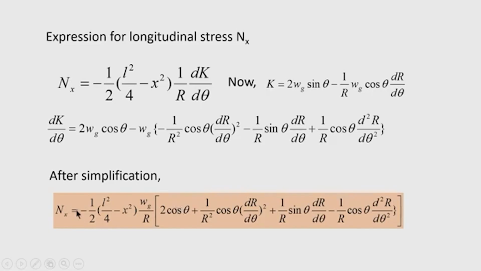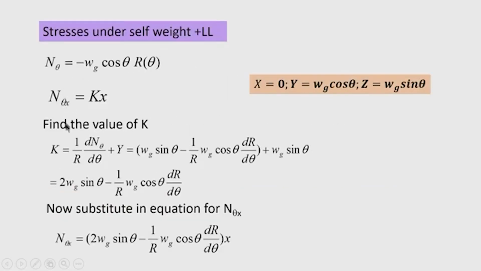So the values of n x, n theta x and n theta are known in general form for the self weight. Now, depending on the directrix, the value of R and this R will change, and this will be substituted in the proper places to evaluate the value of membrane stresses.